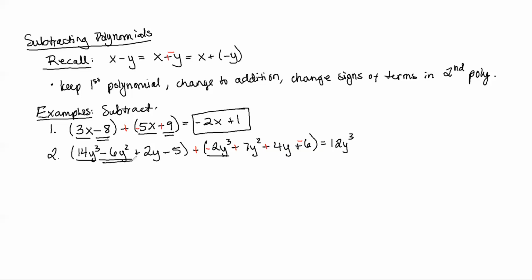Negative 6y squared plus 7y squared, negative 6 plus 7 is positive 1y squared. 2y plus 4y is positive 6y. And negative 5 plus a negative 6 is negative 11.